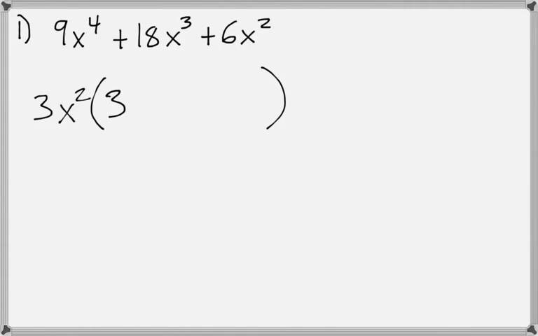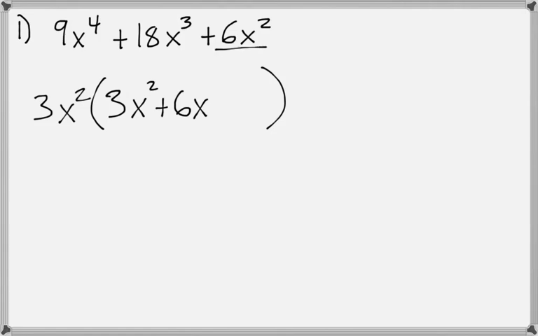I had 4 x's. I took 2 out, so I have 2 left over. With the 18x cubed, 18 divided by 3 is 6. I had 3 x's, I had x to the 3. I'm taking out 2 x's, I'm taking out x squared. So I have 1 x left.